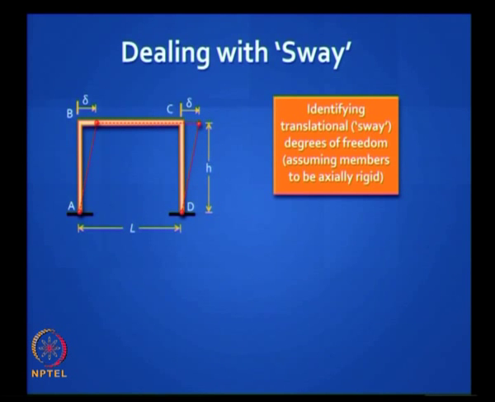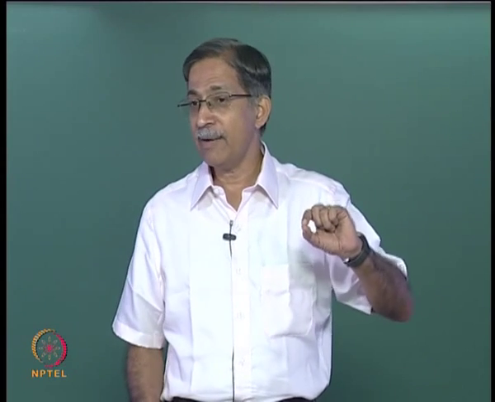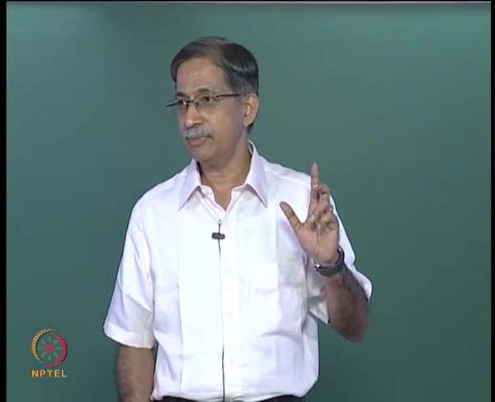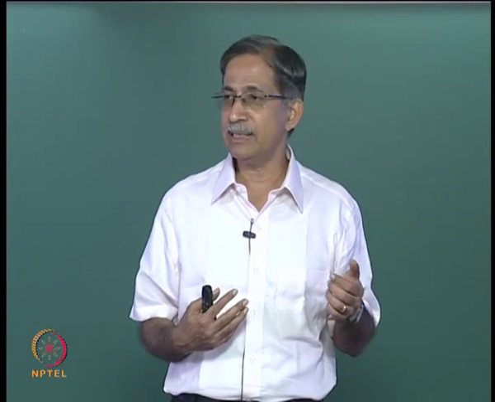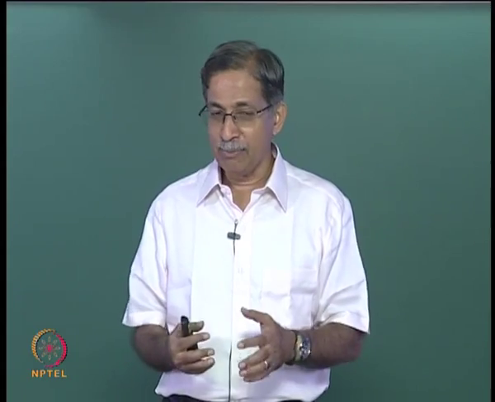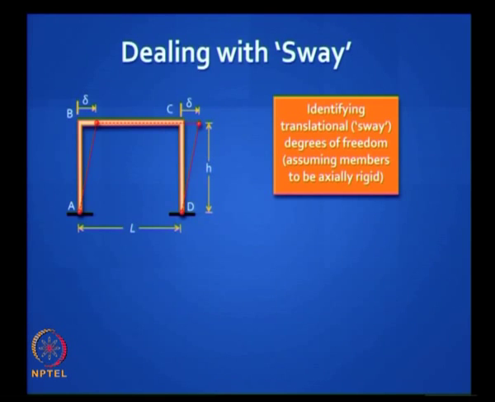The other way to do it is, at every joint in a plane frame you have two translational degrees of freedom, any two orthogonal directions you can take, vertical and horizontal. At A and D both are arrested, so you have 4 potential degrees of freedom at B and C, agreed? 4 translational degrees of freedom. But if you assume members to be rigid, you are bringing in as many constraints as there are members.